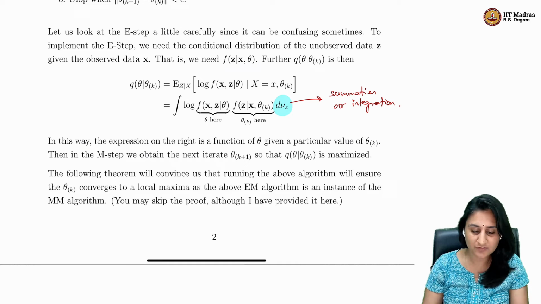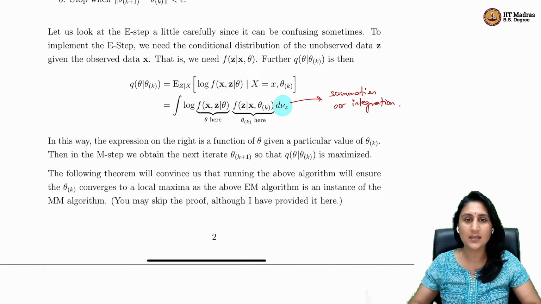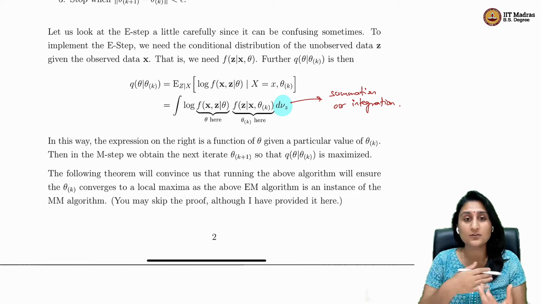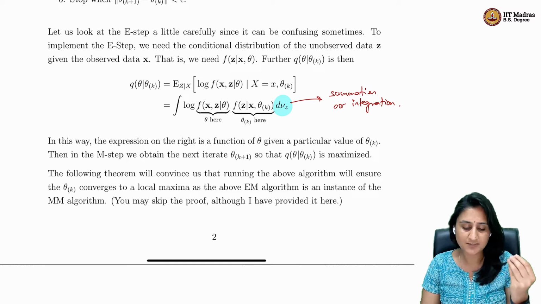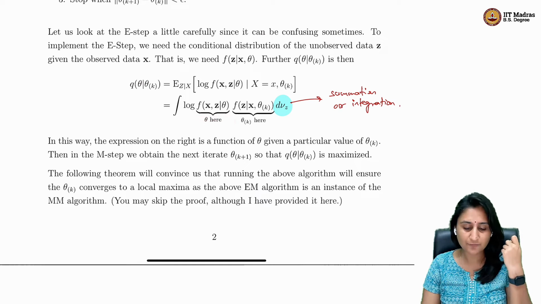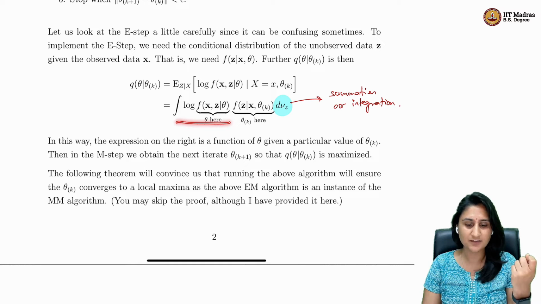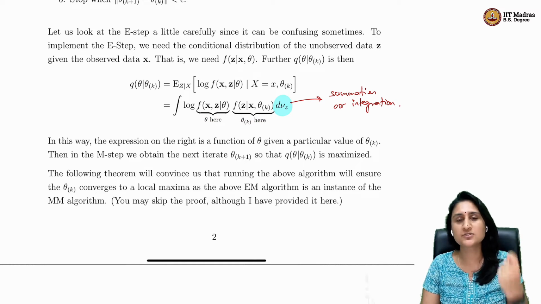Of course, because your Q is an integral, the weights given to each of these values of theta are different based on what theta k is. So naturally, theta k has some input into what Q looks like. But what I want you to understand is that this is the log of the complete likelihood for any given value of theta, and this is the conditional distribution of the unobserved given the observed at a particular value of theta.